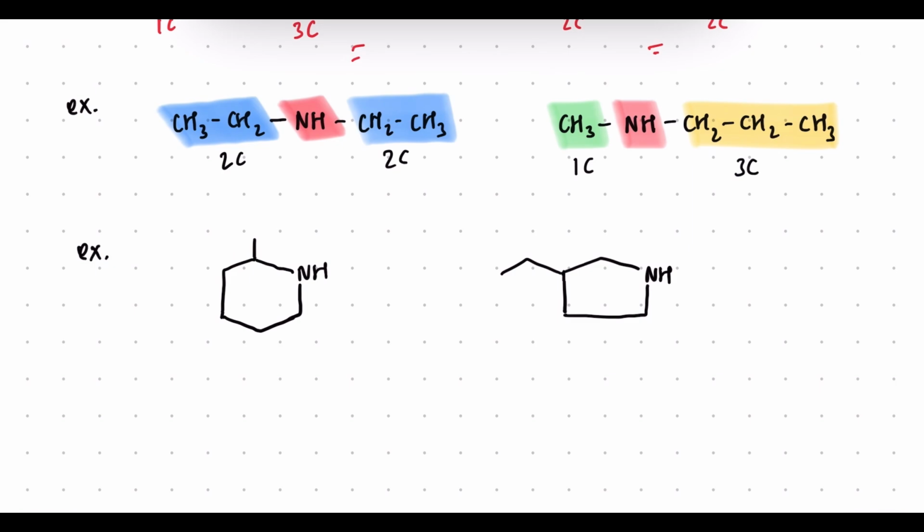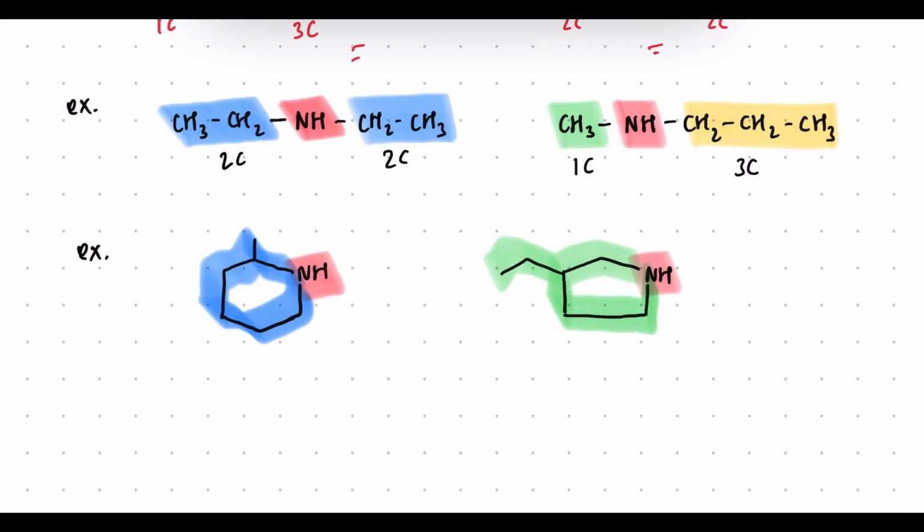Now just check the alkyl groups attached on both sides of the nitrogen. So first identify the polyvalent functional group. And now we're going to look at both sides of the nitrogen. So we've got this. We're just going to take it completely as one because it's a cyclic compound. And the second one is this.